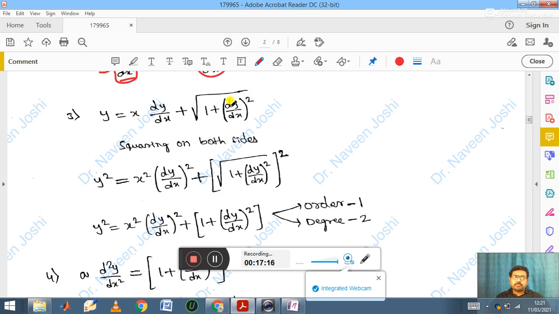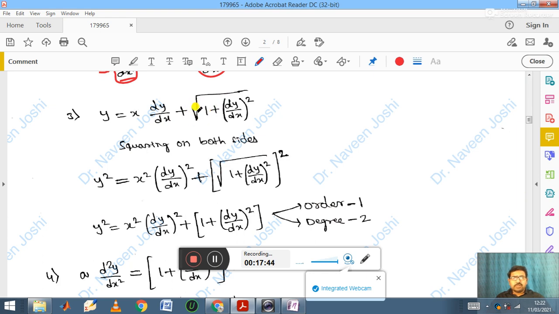When you get a square root or cube root, fractions, then you need to take care while deciding its order and degree. If you get fractions or square roots or cube roots, then it is somewhat difficult to identify very quickly what the order and degree are.